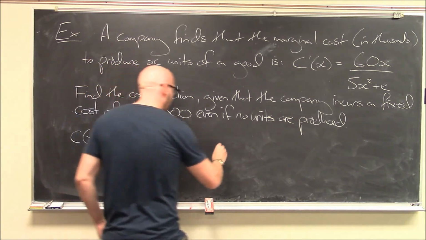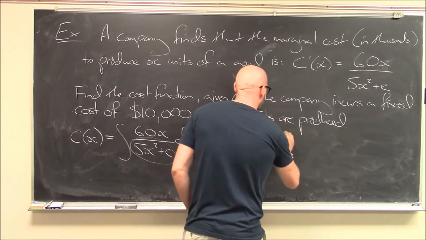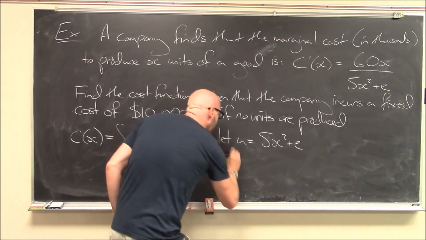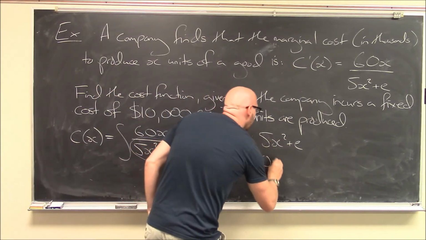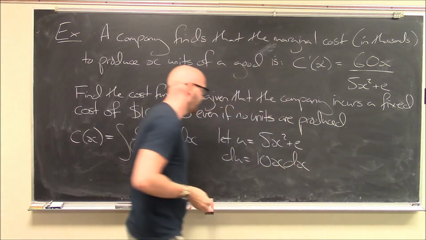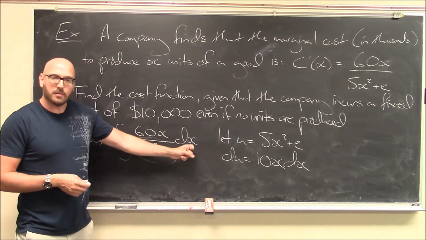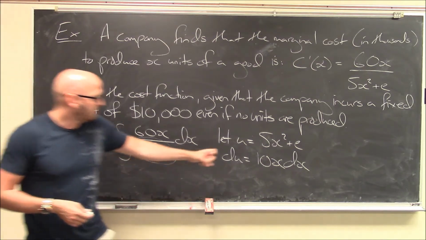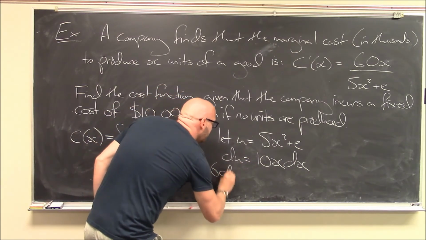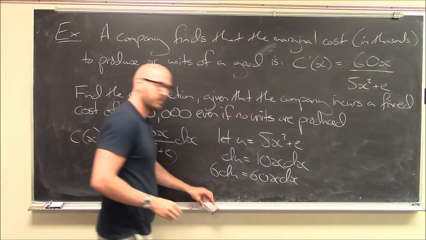So let's let u equal 5x squared plus e. Alright, so that means du over dx is 10x, so du is 10x dx. So this becomes u, and I've got 60x dx up top. So I actually want 60x dx right here. That would mean if I multiply both sides by 6, that means 6 du is 60x dx.